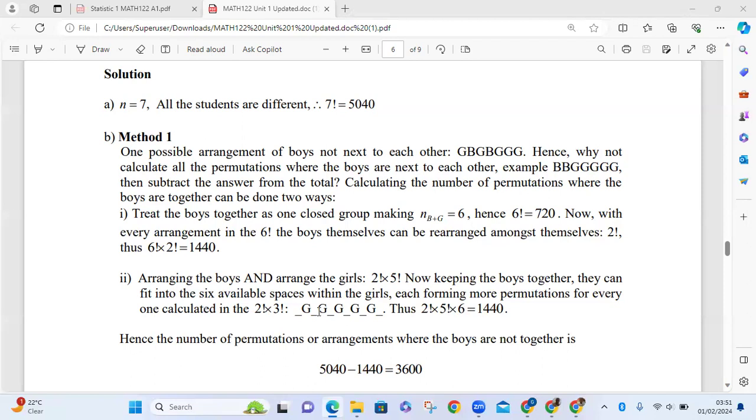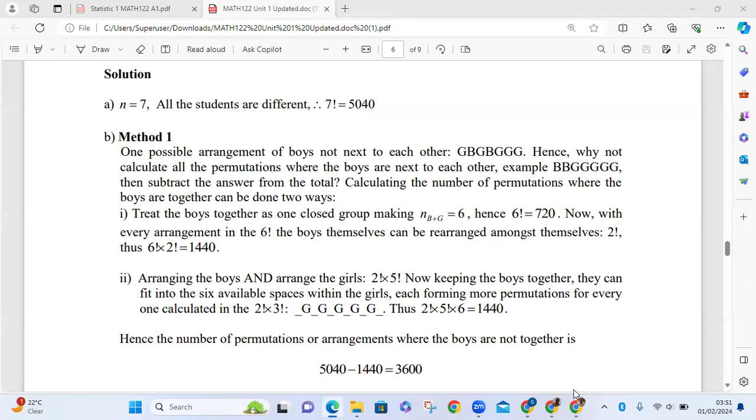Then do it here, repeat it here, repeat it here, repeat it here, repeat it here. That's 6 times. So you can either add all those 6 different arrangements or just multiply by 6.